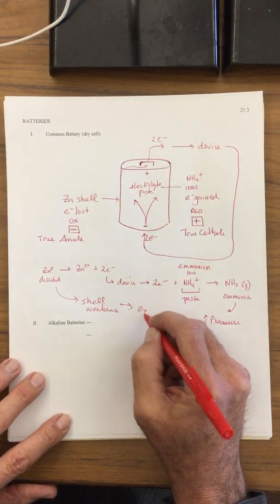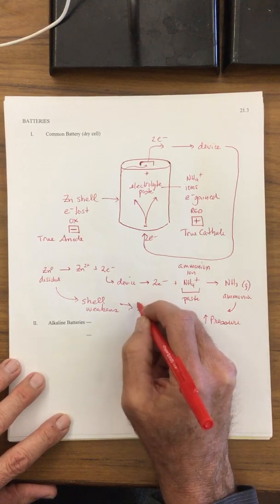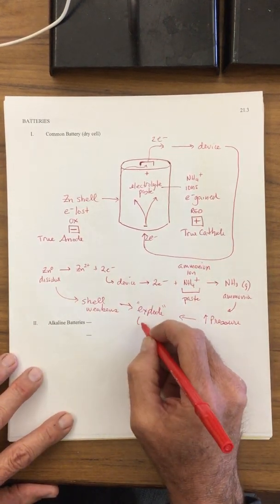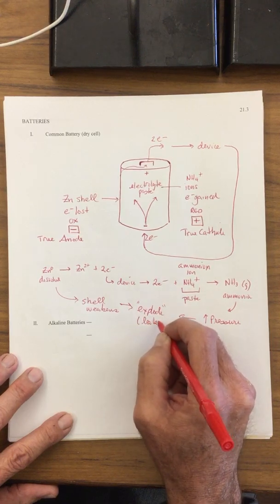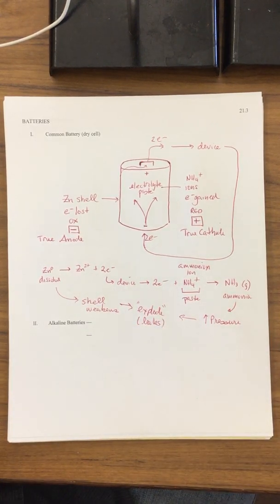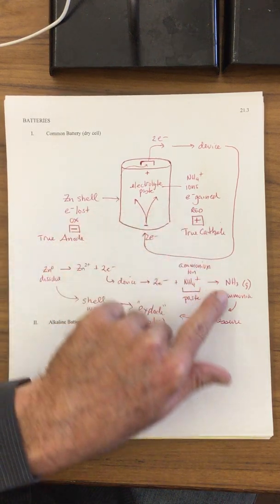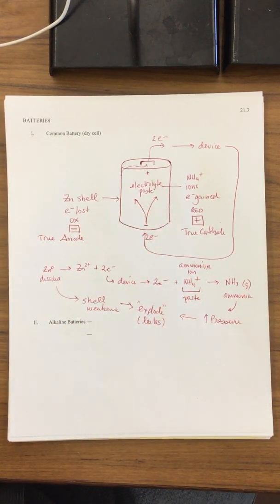The battery is going to, quote, explode. When it's exploding, it's actually leaking its contents out because the shell has eroded and it's built up this ammonia. What's leaking out is a combination of ammonium ions, zinc ions, and whatever else is in that electrolyte paste.